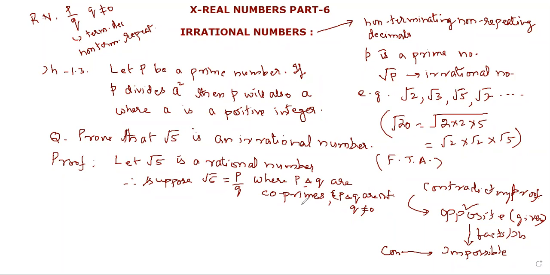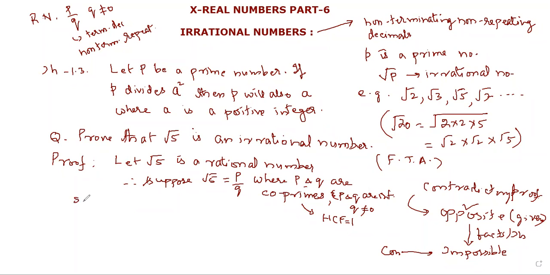Co-primes are two numbers which have HCF as 1. If the HCF is 1, it means there is no common factor between them, then they are called co-primes. Okay.